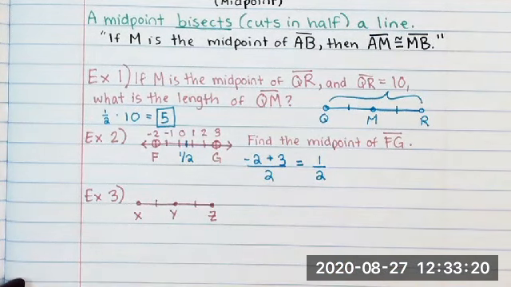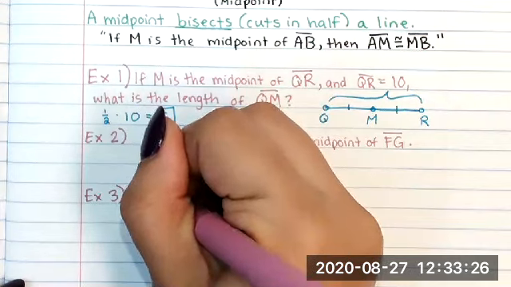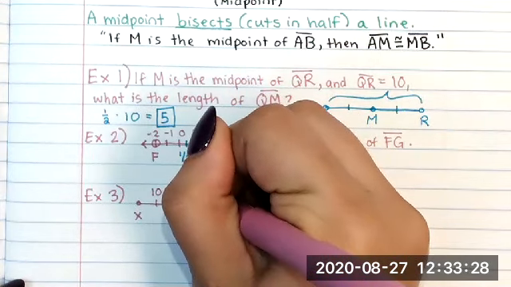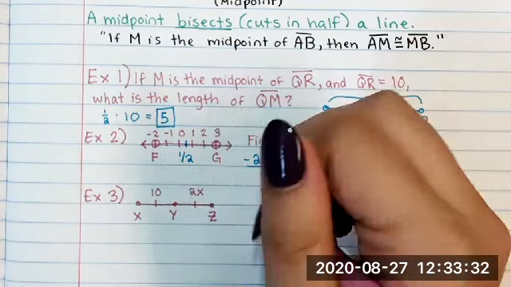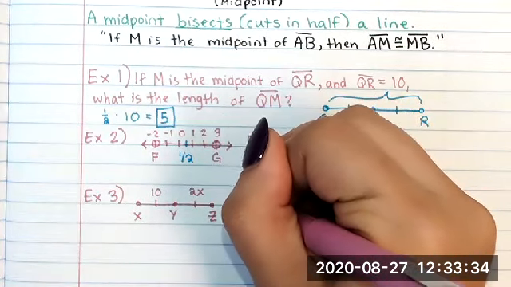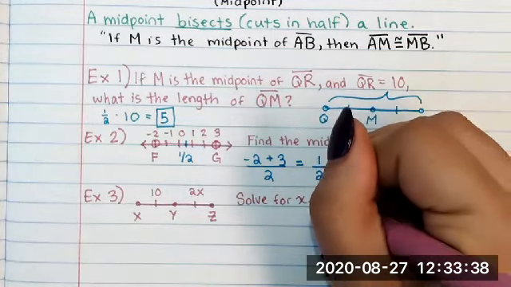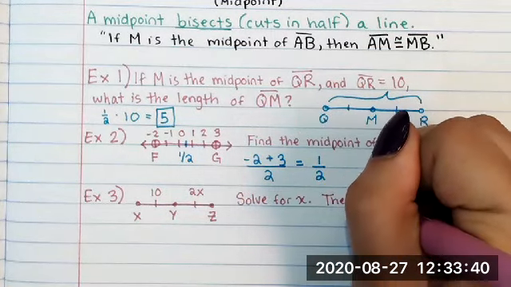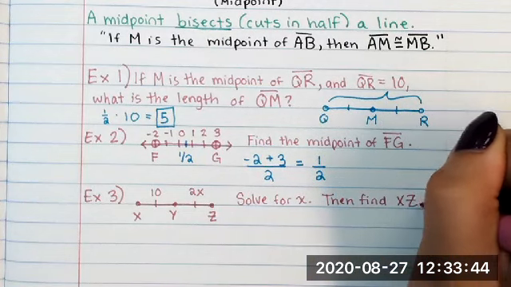So here we have line XZ with midpoint Y. XY is 10, and YZ is 2x. Solve for x. Then find the length of XZ.